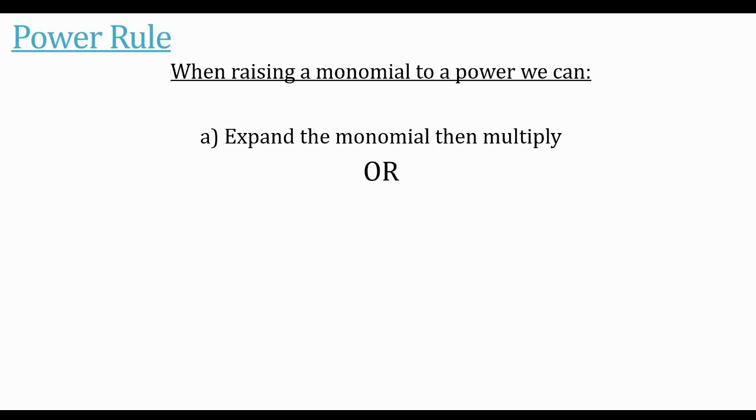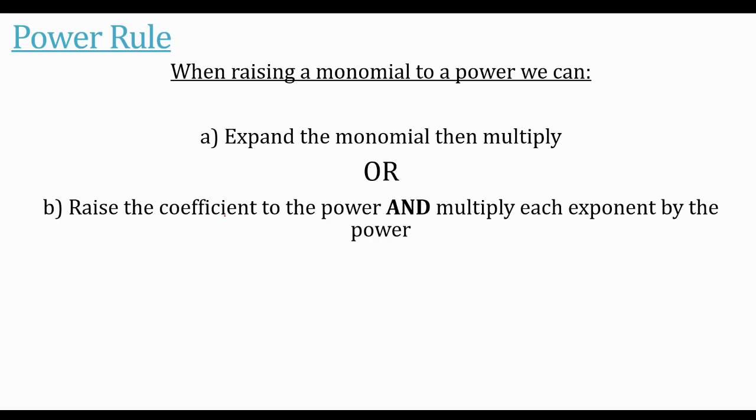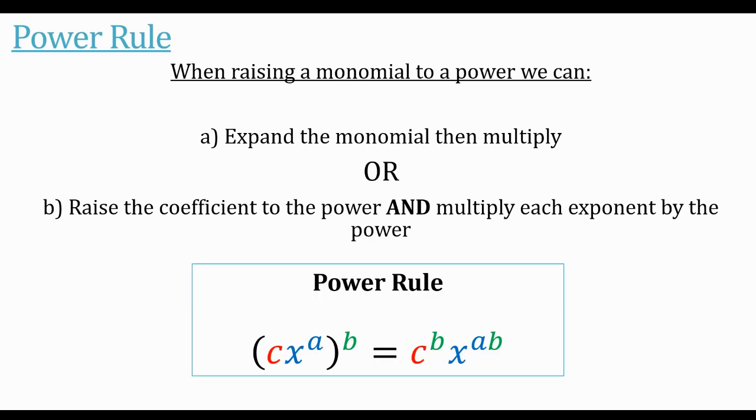When raising a monomial to a power, we can expand the monomial and multiply, which is what we did initially, or we can raise the coefficient to the power and multiply each exponent by the power. So this is called the power rule.